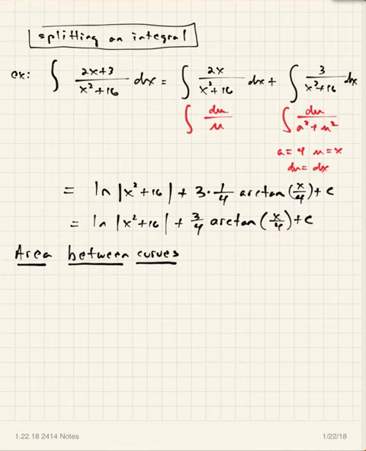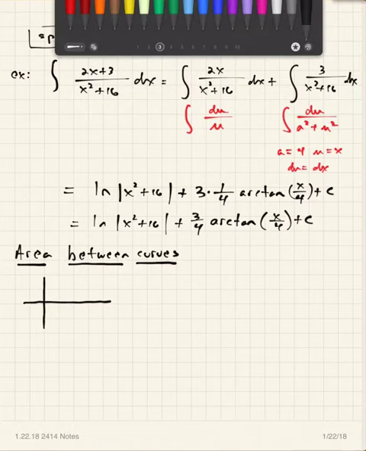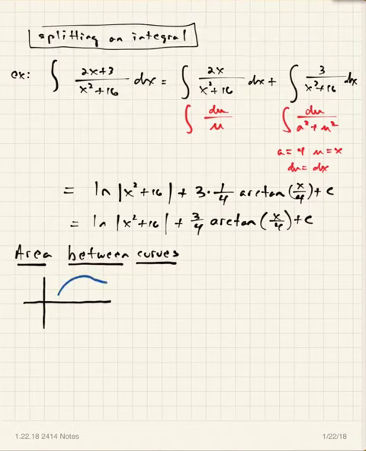So remember what we talked about last time was that if you have 2 functions and you're looking at the area bounded between those 2 curves, so let's say that that's the function f, and this is the function g, in green like this. And there's g right there. And you're trying to find the area between those 2 curves, right? So this area in here is what you're interested in finding.